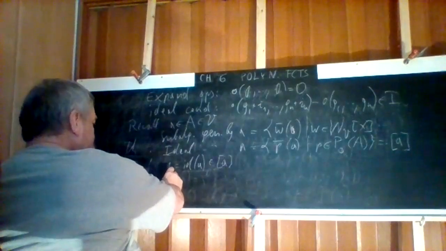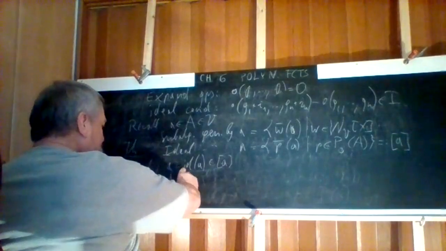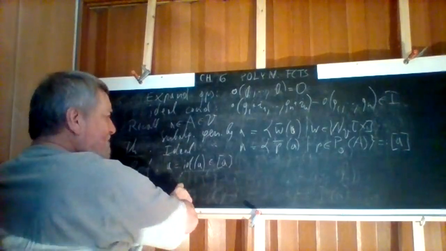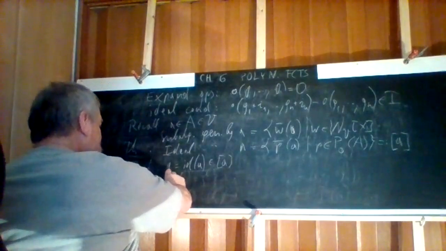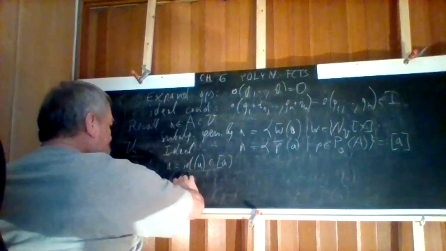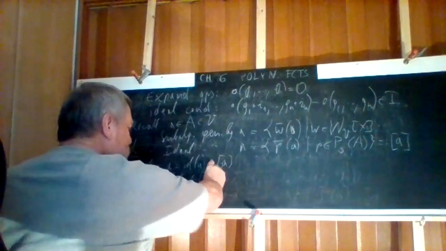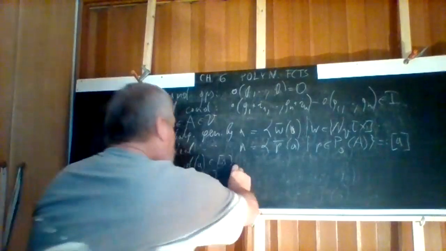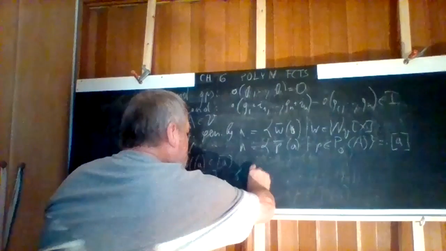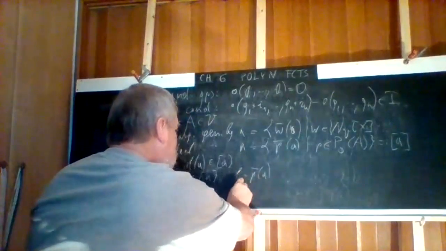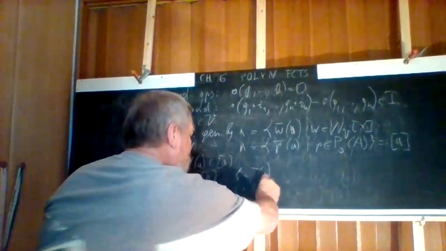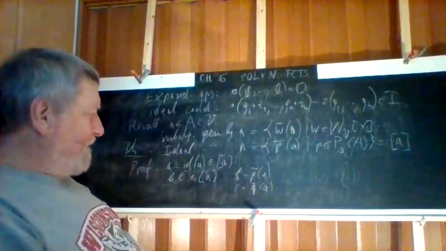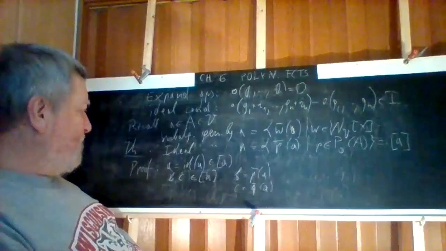So let's take B and C in bracket A. Then we know that B is some polynomial P bar of A, and C is some polynomial Q bar of A. And now it's easy to see what B plus C is.